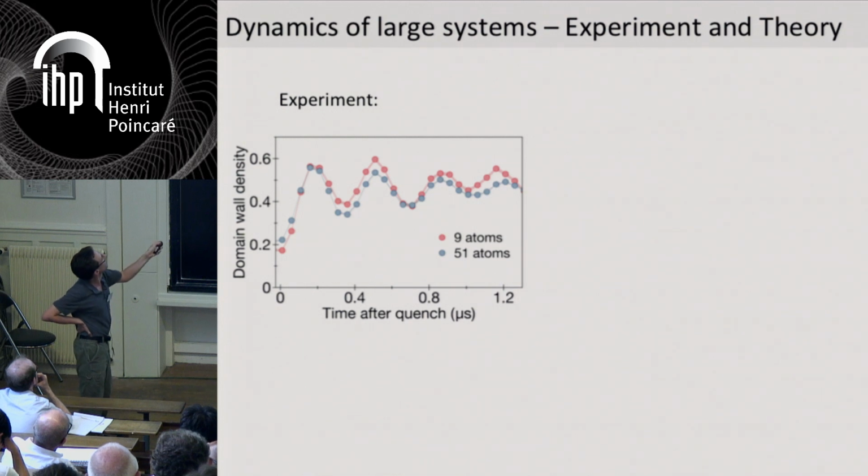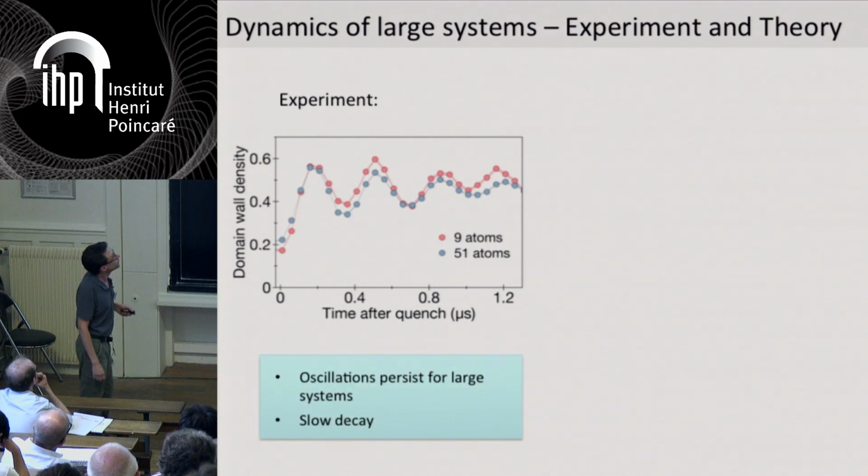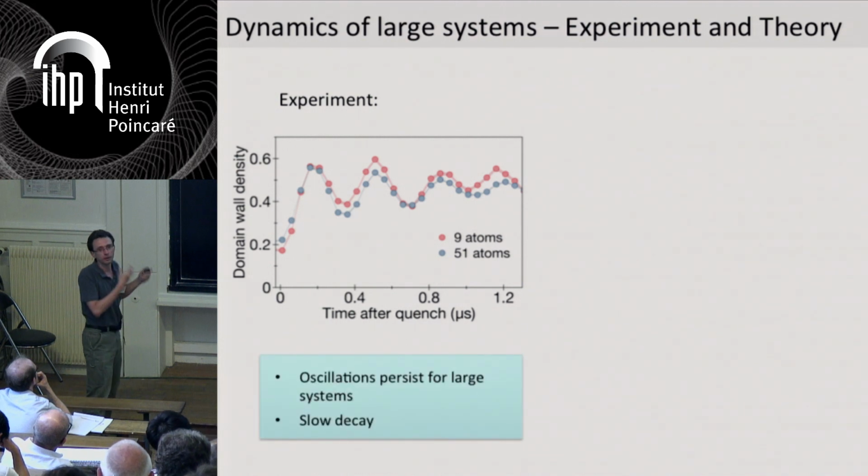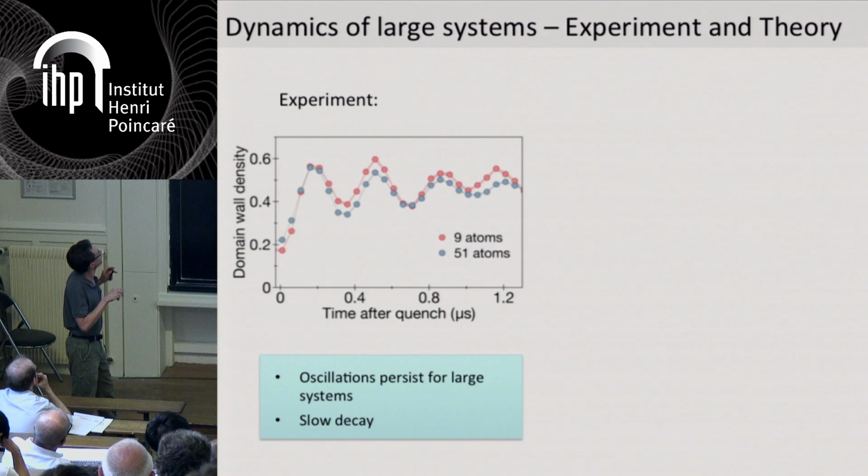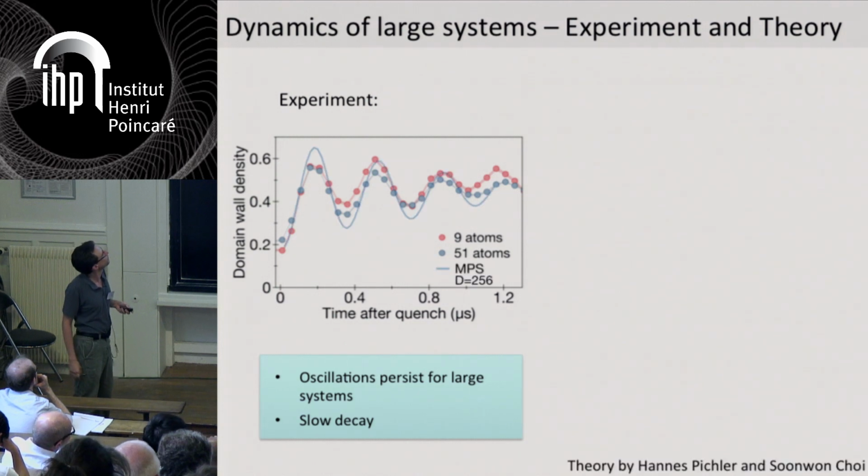You see that it's very similar to the 9-atom case. So we're a bit surprised by these oscillations, which are quite robust and seem to decay quite slowly with respect to the other time scales of the system.